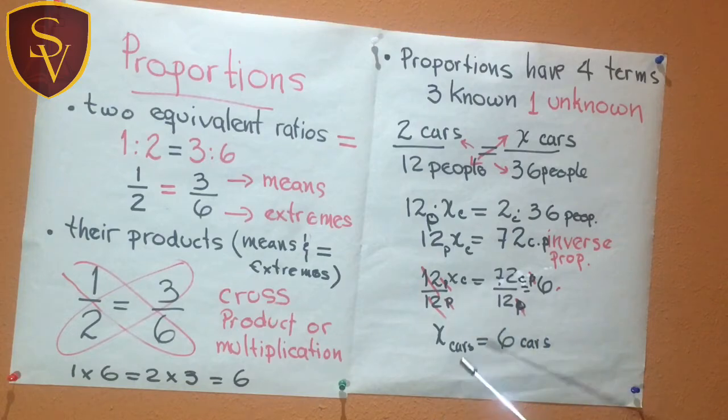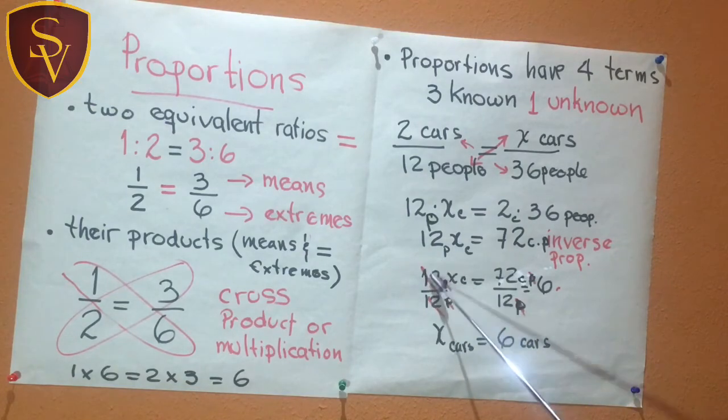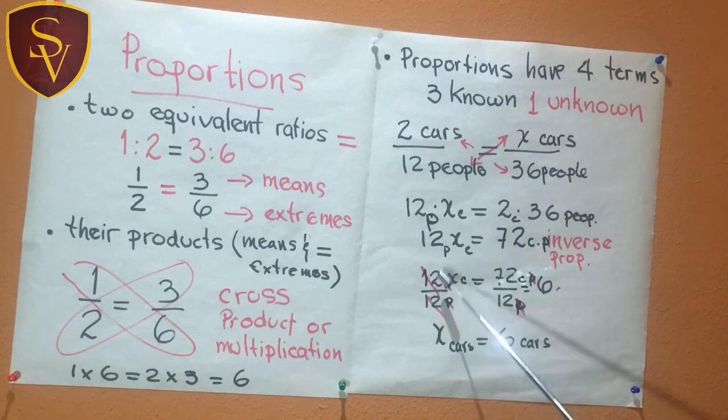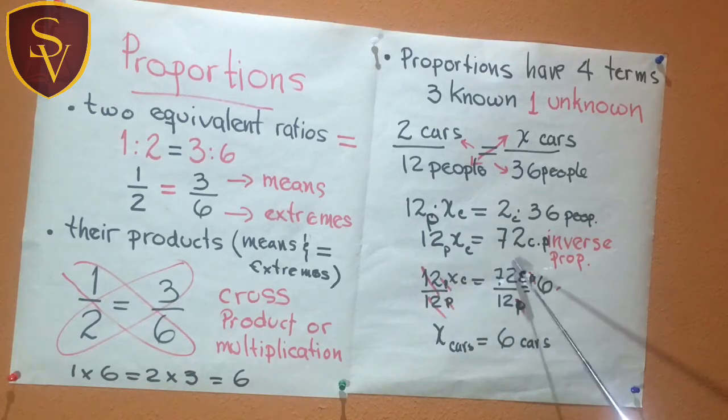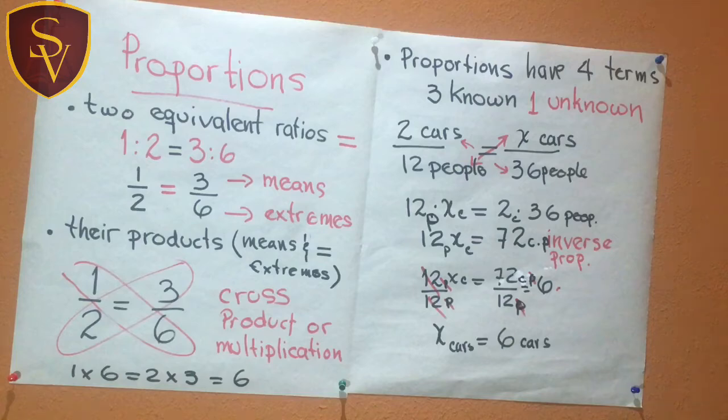So I get a cancellation. 12 divided by 12 is going to be 1, and 72 divided by 12 is going to give me 6. I can also cancel out the names: people are cancelled out with people. The only thing left is x, which stands for cars.